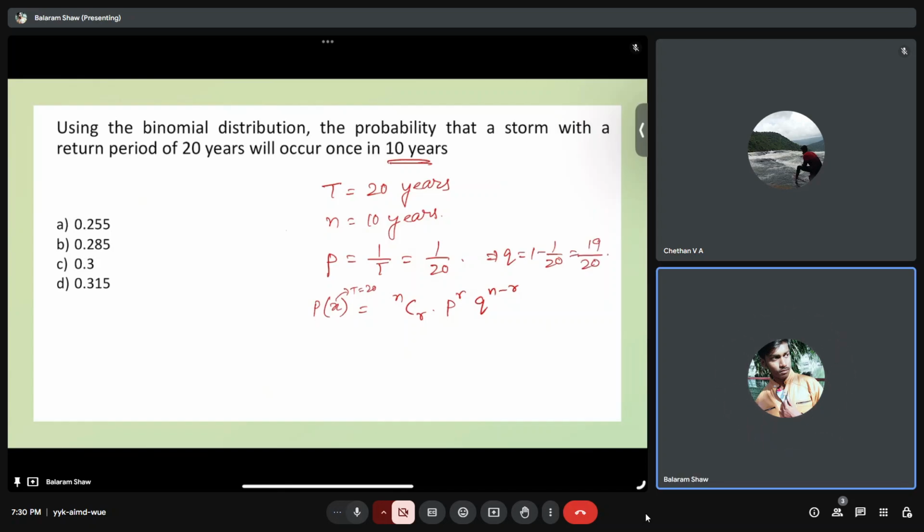Just calculate this. What is n? nCr can be written as n factorial by r factorial into (n minus r) factorial, into p to the power r into q to the power n minus r.